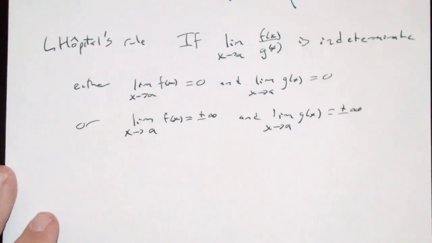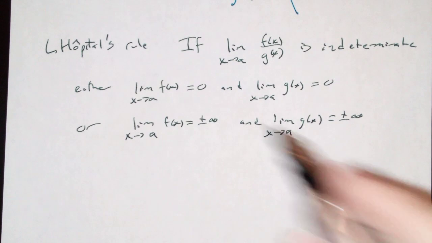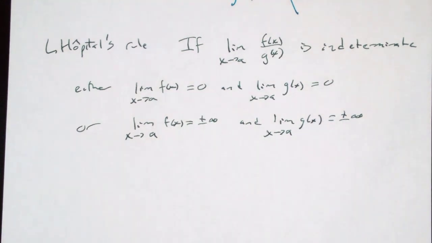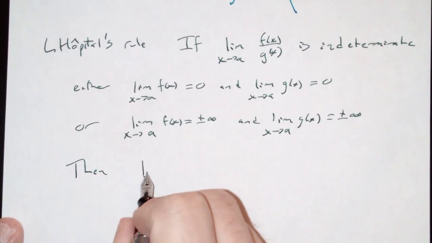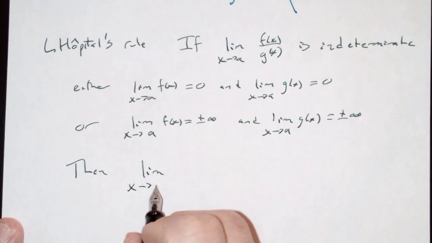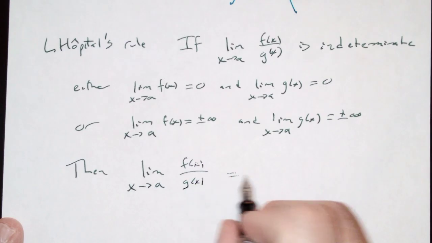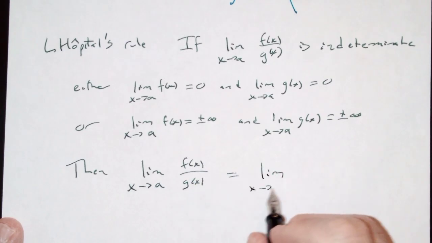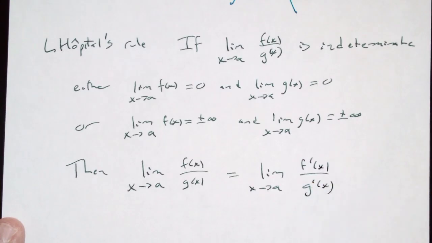If I have an indeterminate form, either 0 over 0 or infinity over infinity, because it turns out the same thing works then, the limit as x approaches a of f of x over g of x is equal to the limit as x approaches a of f prime of x over g prime of x.